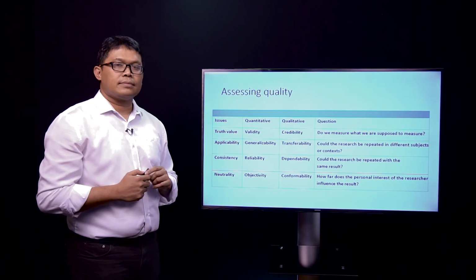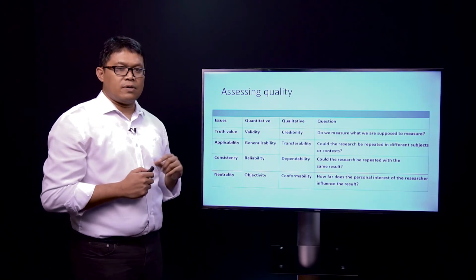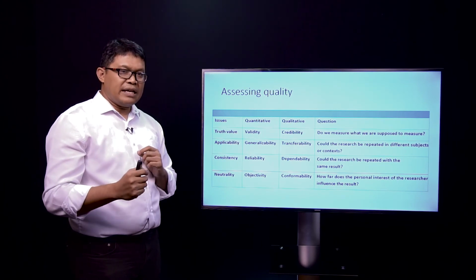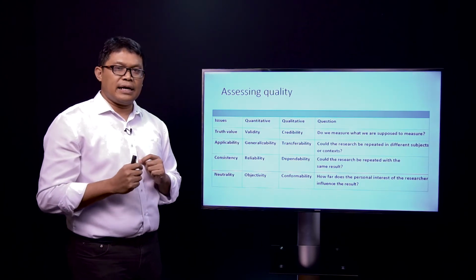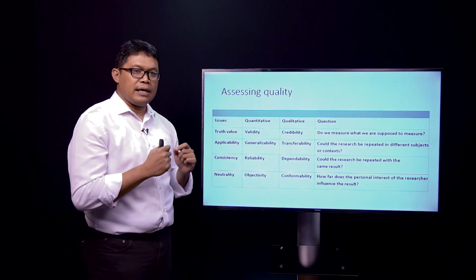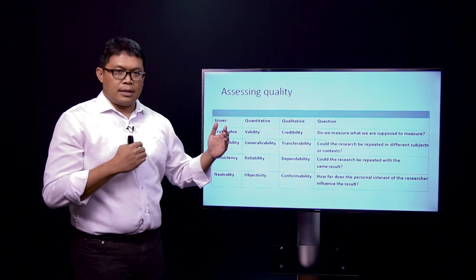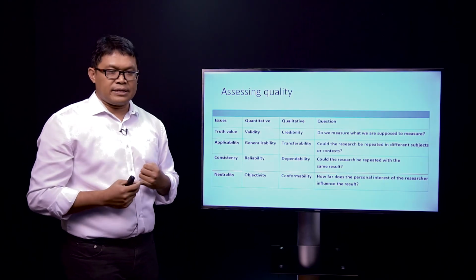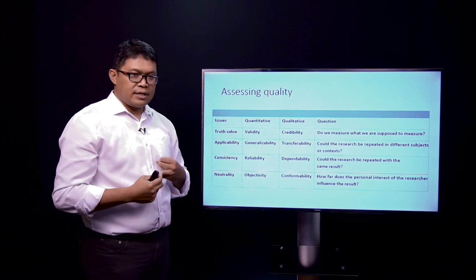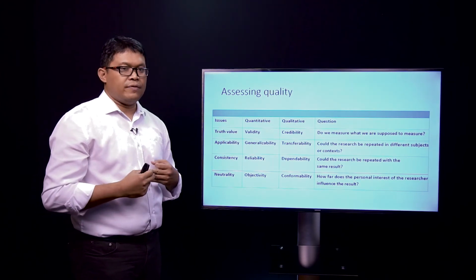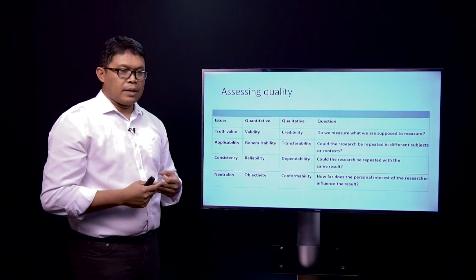At last, we also need to assess the quality of both methods. Some people think that qualitative study is not as scientific as quantitative study because of several issues. For example, sample size, statistical significance, and also the objectivity of the measurement.